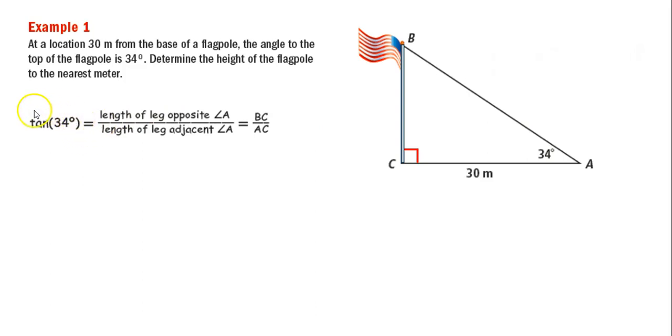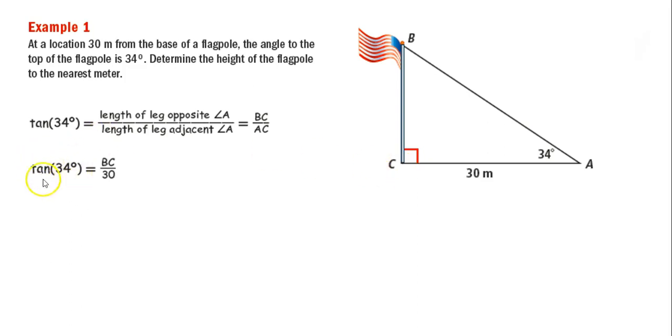What I'm going to do is say that the tangent of 34 degrees, this is when you type the tangent button into the calculator and enter 34, and you'll get a number. That number is equal to the length of the leg opposite of angle A, which in this case is the height of the flagpole, divided by the length of the leg adjacent to angle A. In this case, it's 30 meters. So what does that look like when we plug in the numbers?